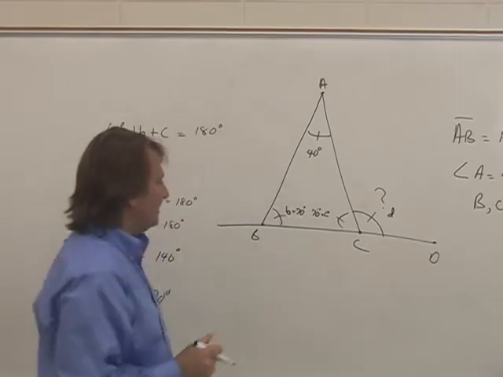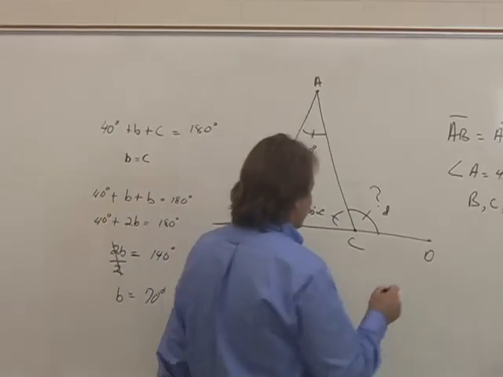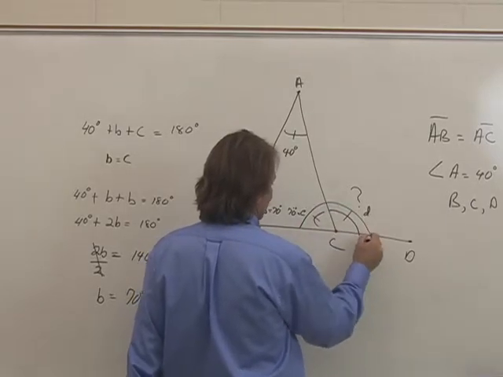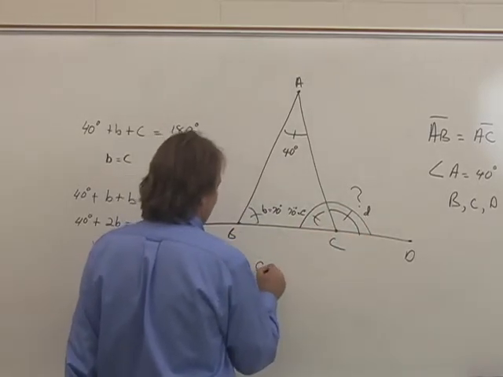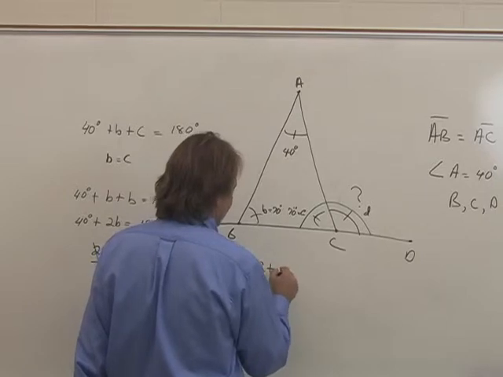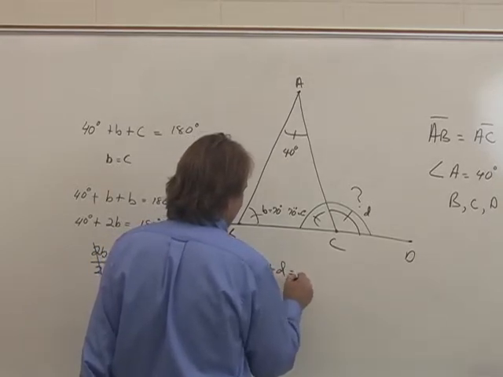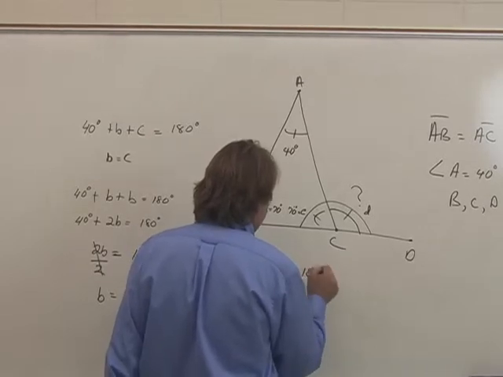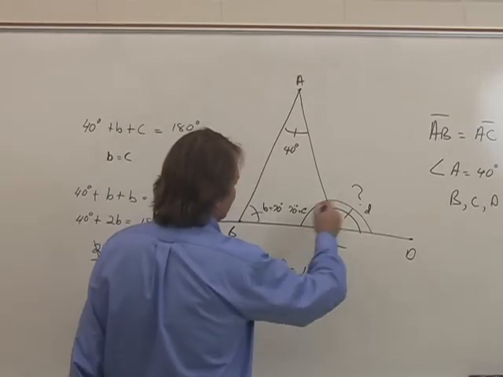Okay? Now, I also know that this angle from here to here, in other words, angle C plus angle D, have to add up to 180 degrees because it's a straight line. Okay?